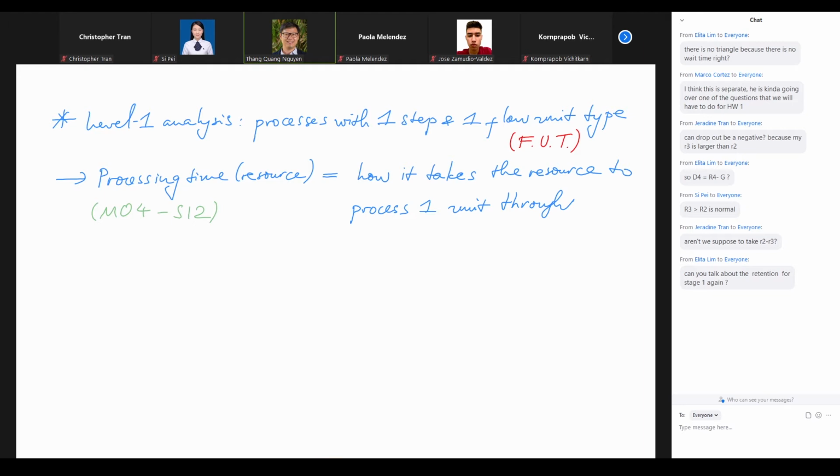The second example here is in a car factory, it takes the workers 50 seconds to put on the rear view mirror. So that's a processing time to put on the rear view mirror. The next example is underwriting a simple small business loan, 40 minutes per loan.